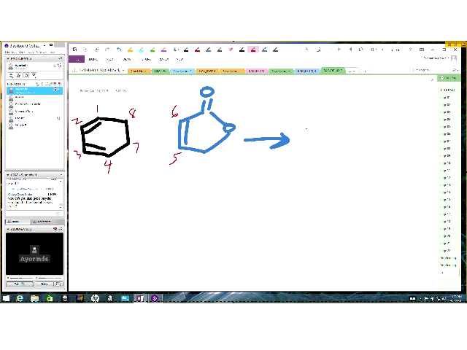The product will be this. Draw your initial 6-member ring. The double bond is now going to be here. Let's go ahead and number this. These are 1, 2, 3, 4, 5, 6. Between 5 and 6, you still have this.